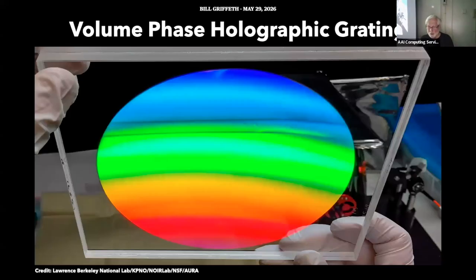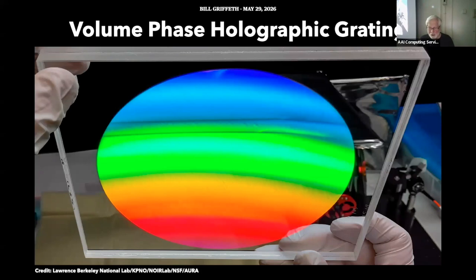Some astronomical spectrographs use transmission gratings instead of reflective gratings. Here is a photo of a volume phase holographic grating used in DESI, the Dark Energy Spectroscopic Instrument we'll talk about later.